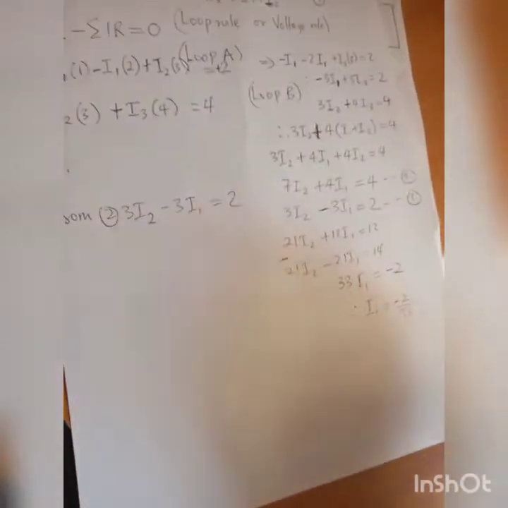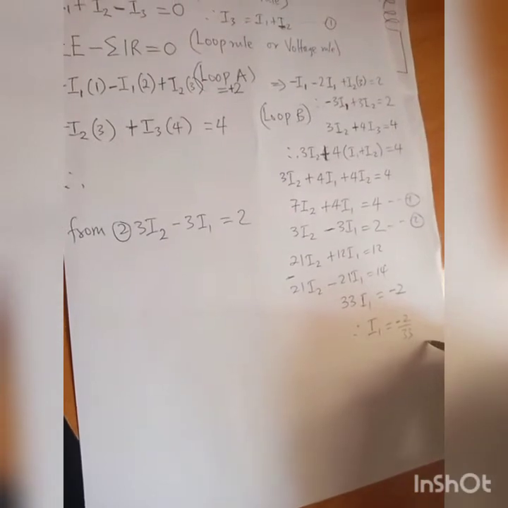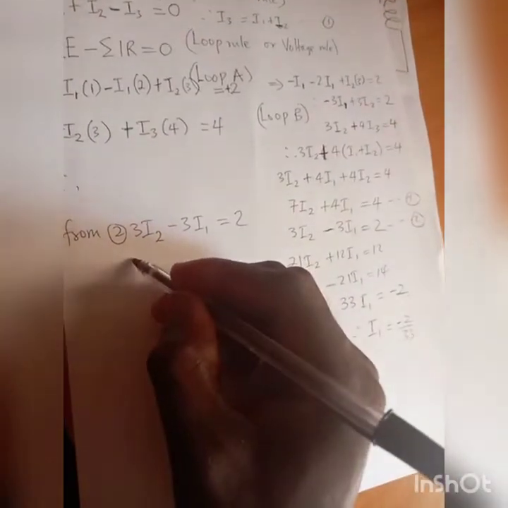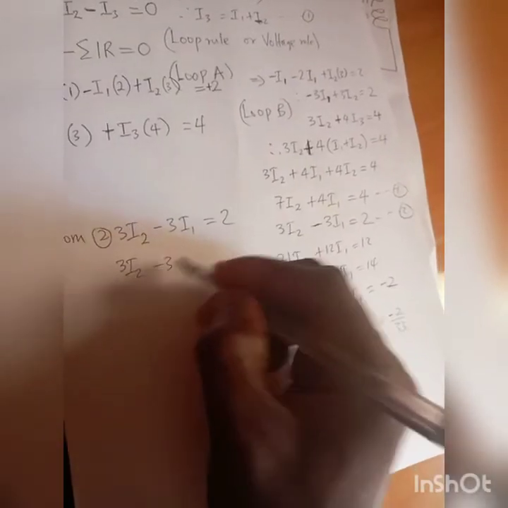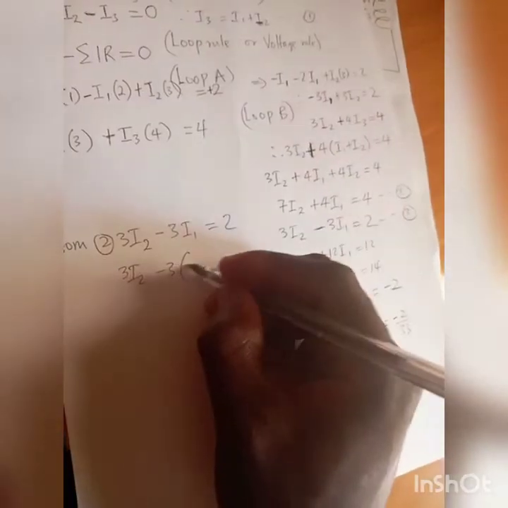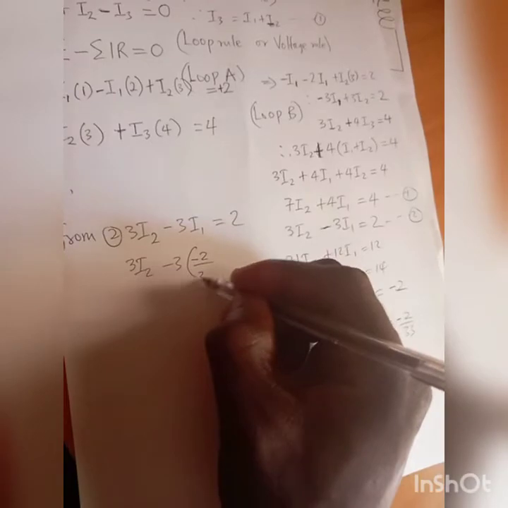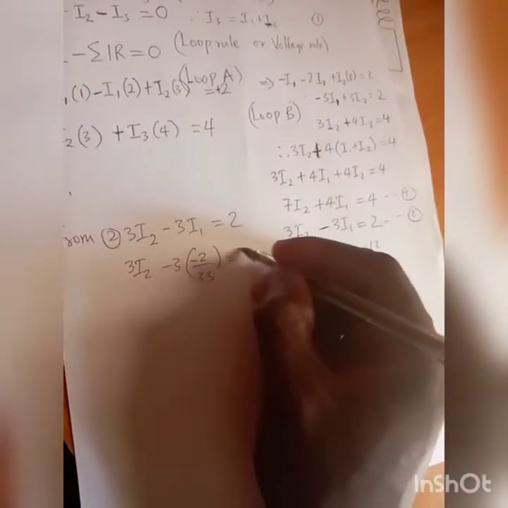Okay? And I1 is minus 2 over 3. You now say 3I2 minus 3 bracket minus 2 over 3 equals to 2.